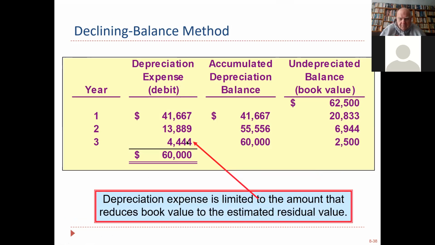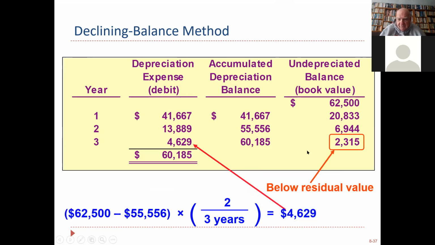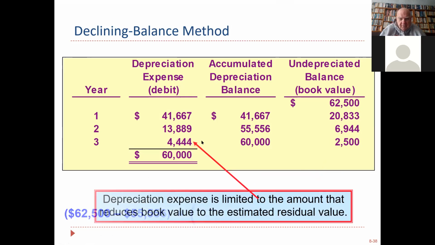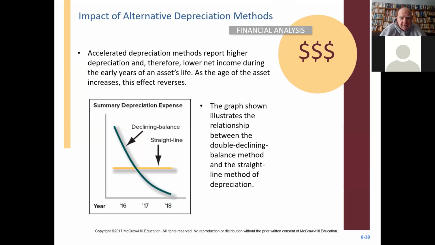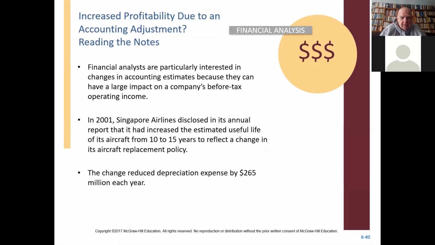What we did there is we said we're 185 below residual. Can't do that. So you have to step on this number. You have to take 4629 minus 185. So that's the number we're going to use. Depreciation expense is limited to the amount that reduces book value to the estimated residual value. I am not going to look at this graph here.